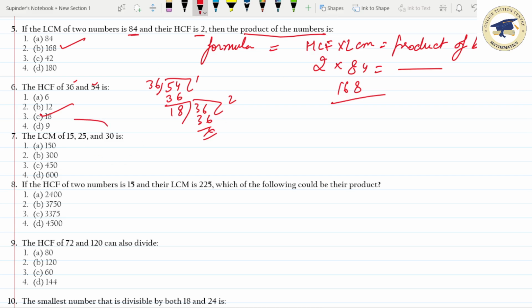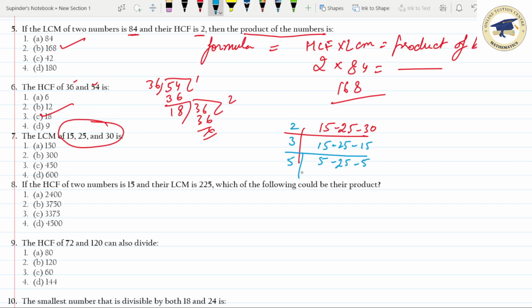Next is find the LCM. 7th question. The answer is 150.